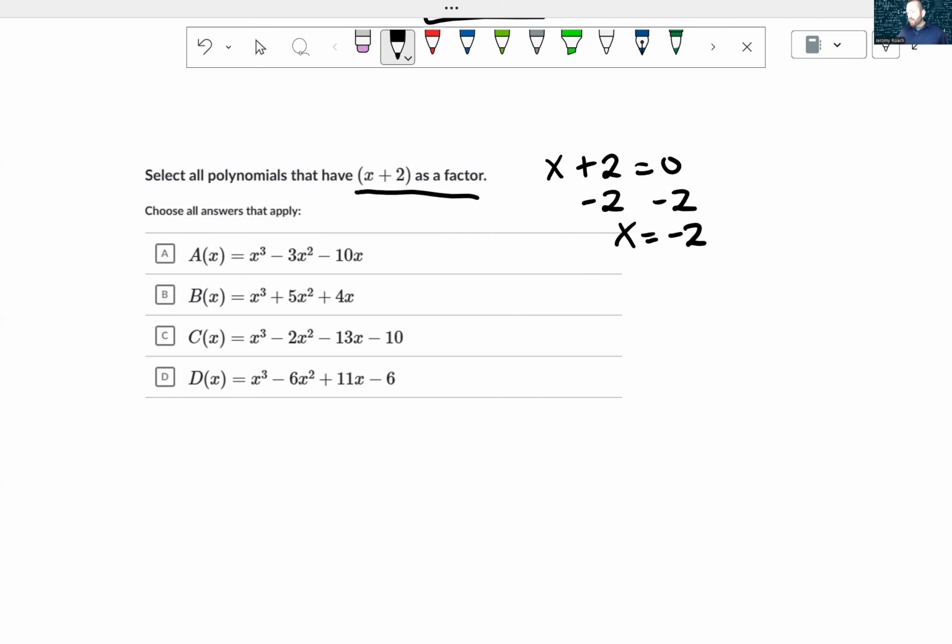So you still have to check all 4 of these, but we have a lot less work to do, because now all we have to do is plug this in for x.